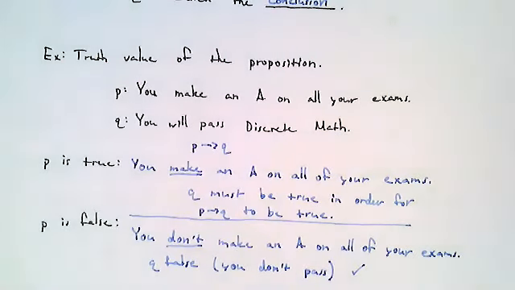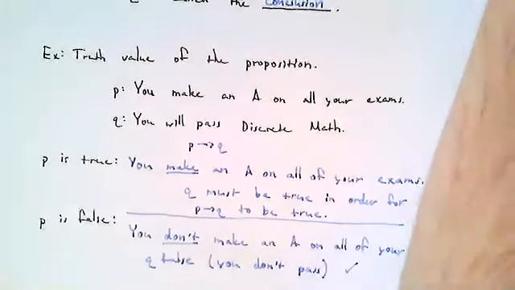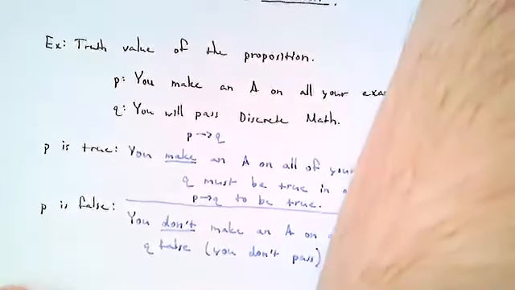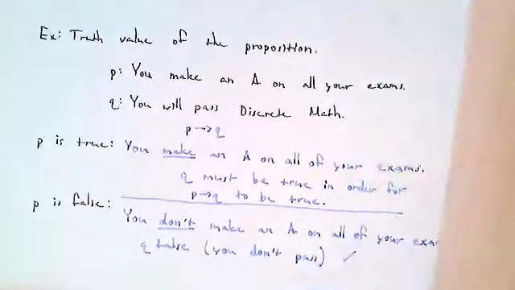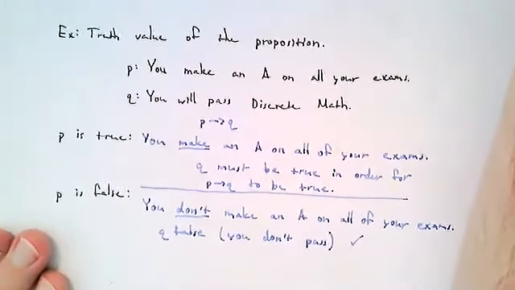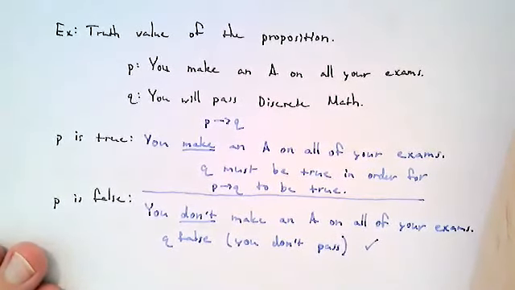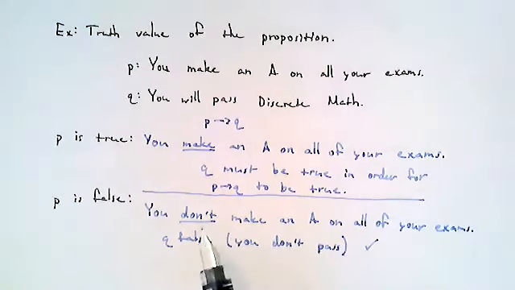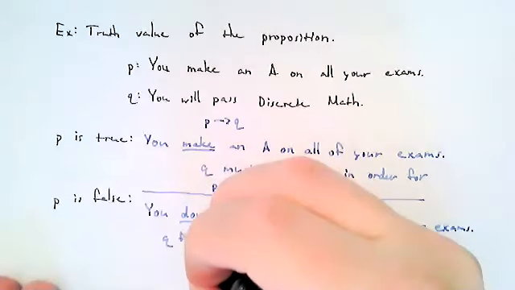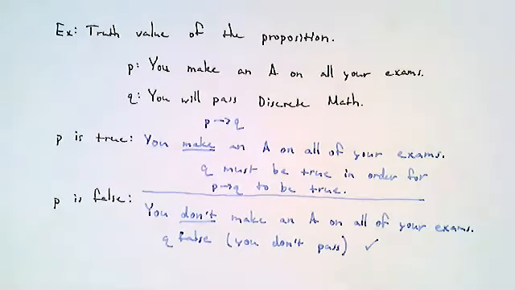But what would happen, say you made an A on 2 exams and on the 3rd exam you made a B? What do you think would happen in that case? You could still pass the class. Right. So you didn't make an A on all of your exams, but you still did pretty well, I think, if you made 2 A's and a B. I mean, that's really good.